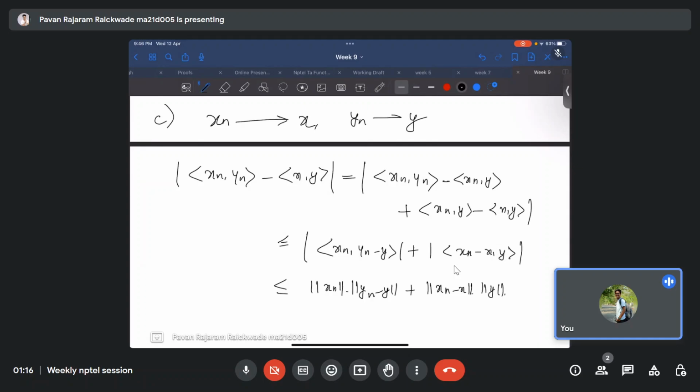Yeah, this doesn't help because we don't know about this convergence. What about x with yn? So I'll be having here xn minus x with yn, and here I'll be having x with yn minus y.